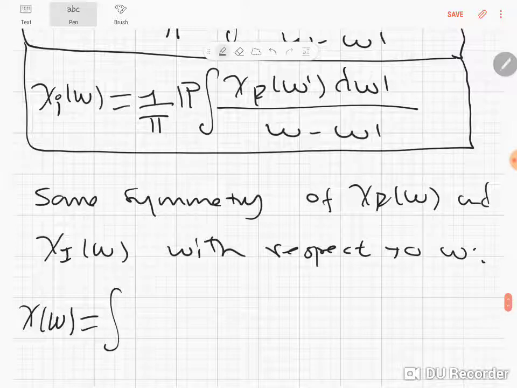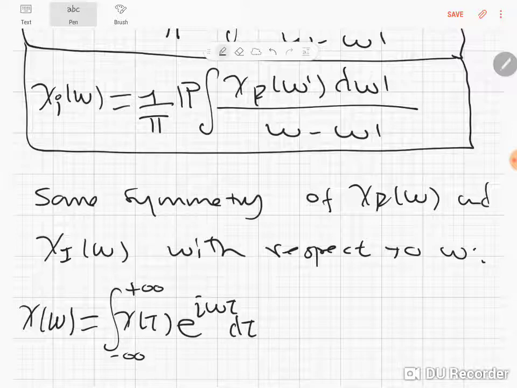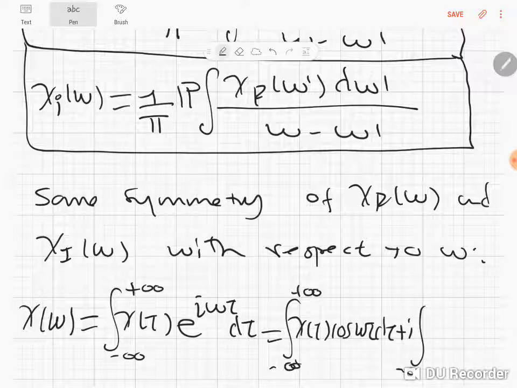So chi of omega is the integral from minus infinity to plus infinity of chi of tau times e to the i omega tau d tau, and this is nothing but the integral from minus infinity to plus infinity of chi of tau cosine of omega tau d tau plus i times the integral from minus infinity to plus infinity of chi of tau sine of omega tau d tau.